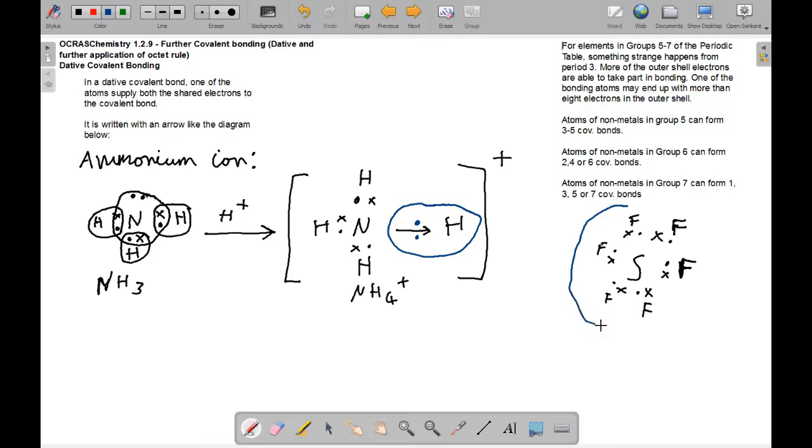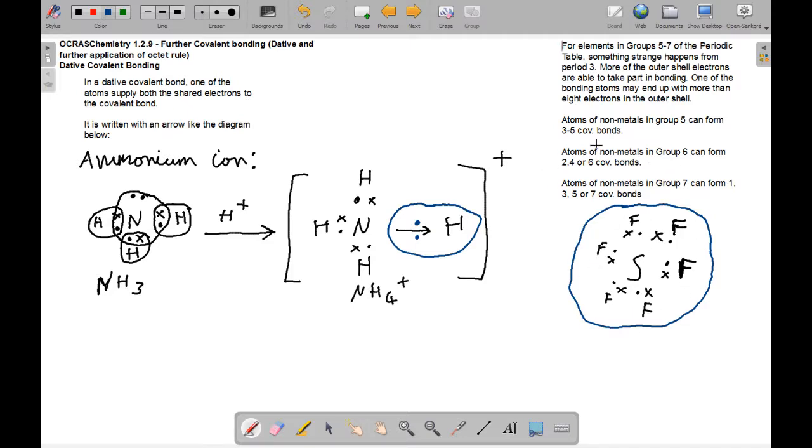Now, the reason for this is because, take sulfur hexafluoride, for example, 6 bonding pairs can form around our sulfur because there are 6 electrons on the outer shell, and the shell can then be fully occupied when it's bonded.